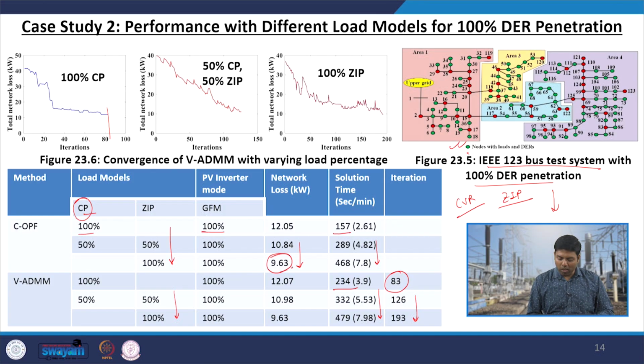If your power consumption is less, then your network loss will also be lesser. So, with enhancement of the ZIP model, your losses are less, but your solution time is becoming more, because you are imposing more and more constraints in the optimization problem.